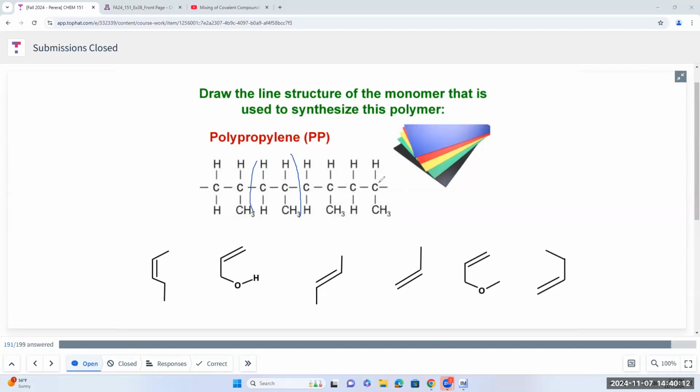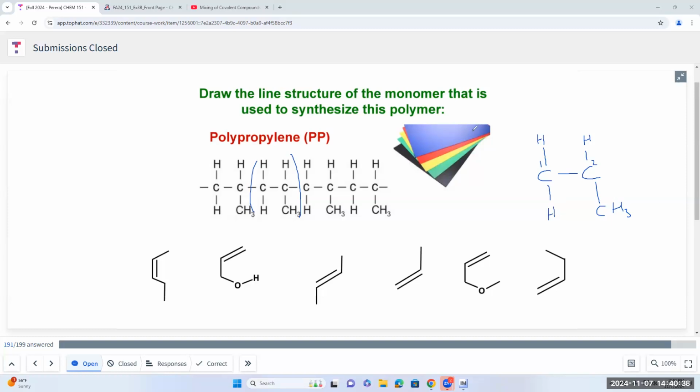If I draw the shorthand notation for the polymer, that has two carbons, my main two carbons. Let me call them 1 and 2. To the second carbon, I have a CH3 group bonded, and then you have these two hydrogens bonded to these carbons.